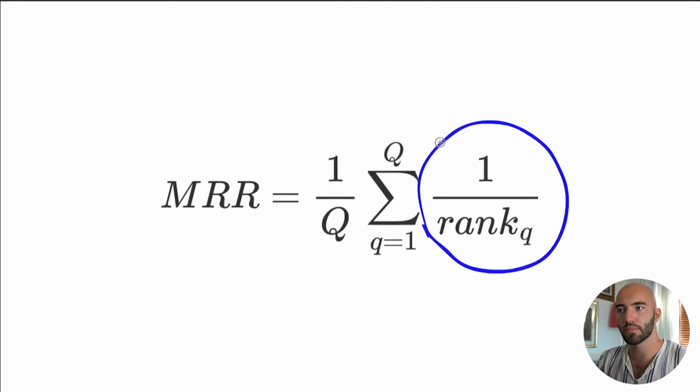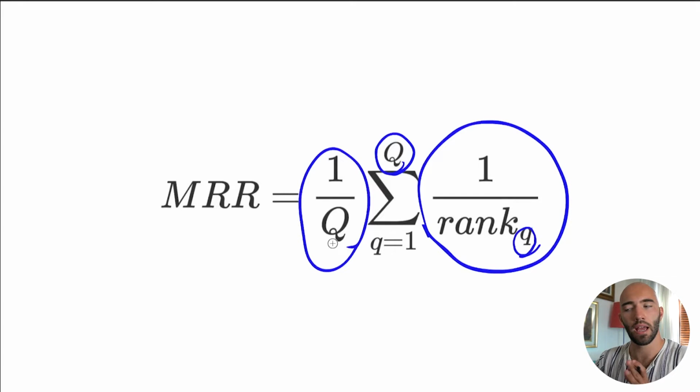Then we sum the reciprocal rank for each query, Q, from Q1 to the total number of queries, which is a capital Q. And then we take the mean by dividing this summed value by the number of queries that we made. That's how we get MRR, but we'll go through and break that down a little further in an example.